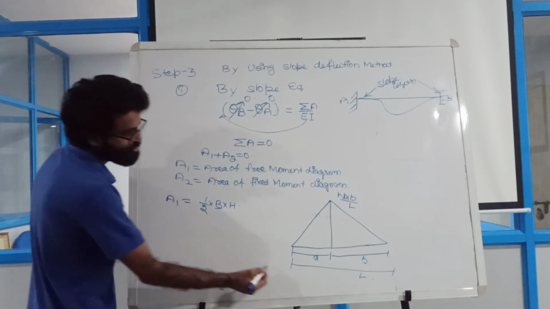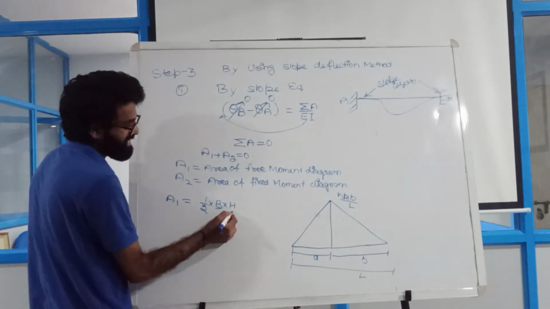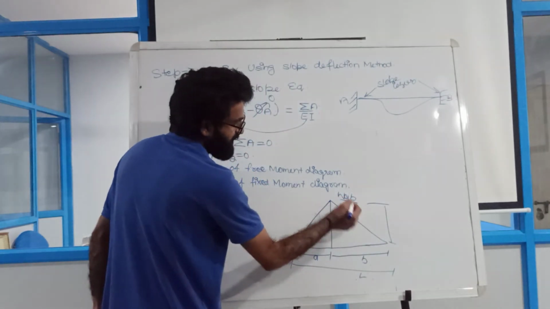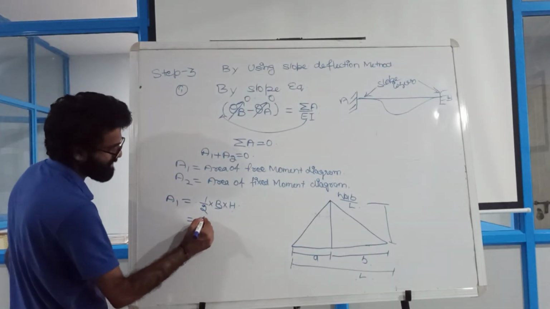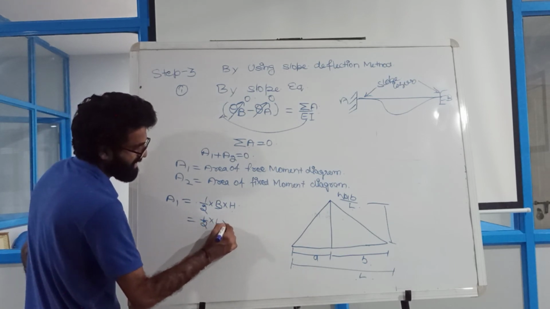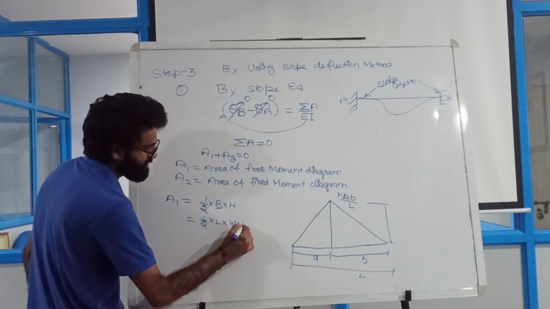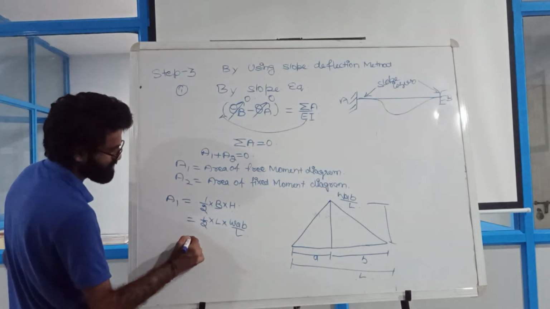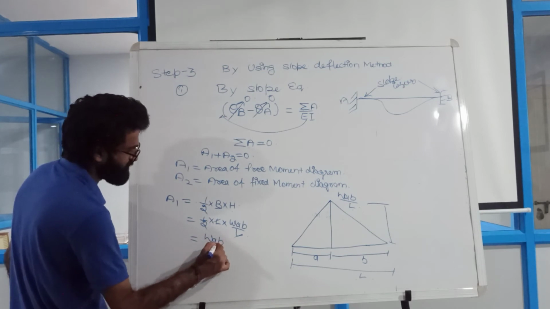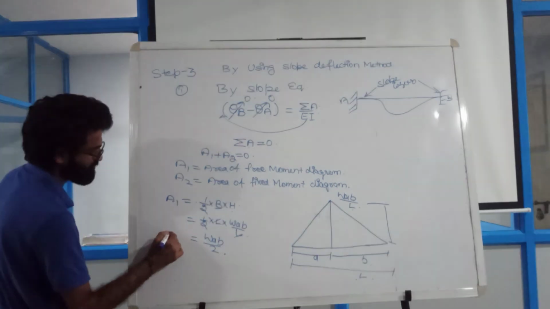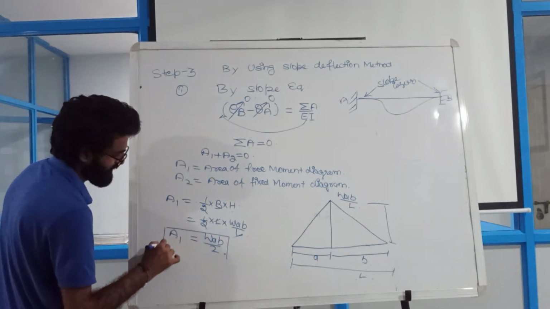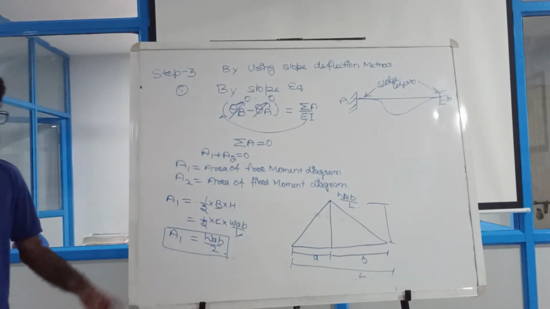The base is L, and the height is WAB by L. So I get 1 by 2 into L into WAB divided by L. If I solve this, L and L will cancel. Then I get WAB divided by 2. This is my A1 value. Am I right up to here? So I got my A1 value.